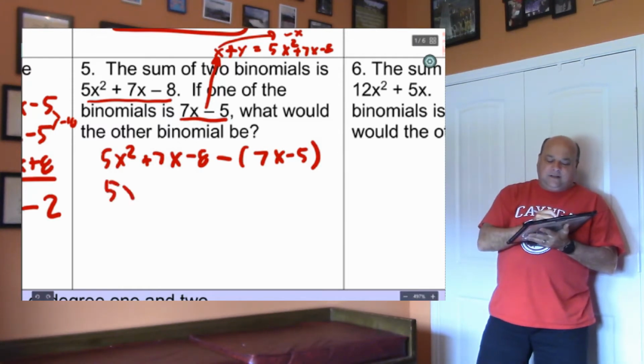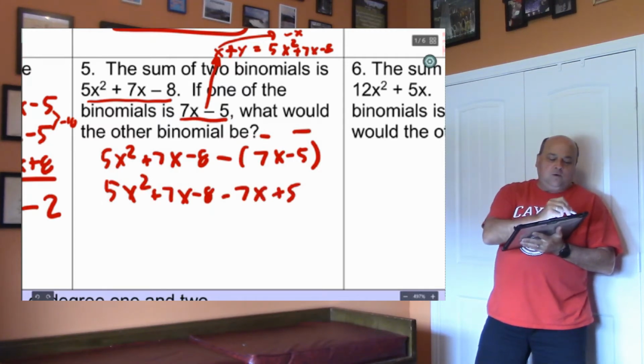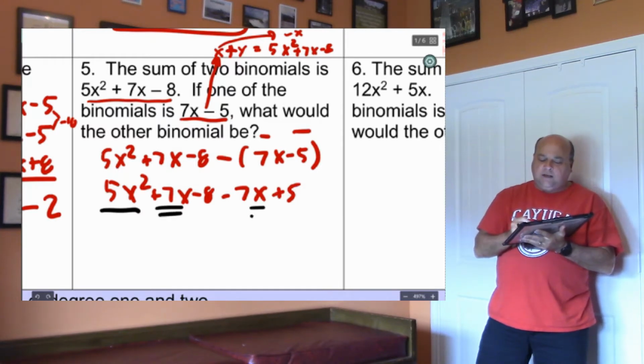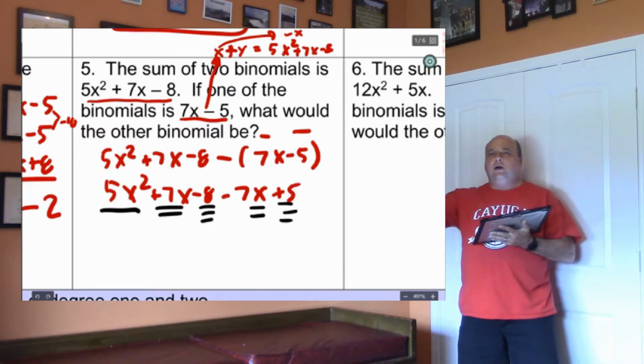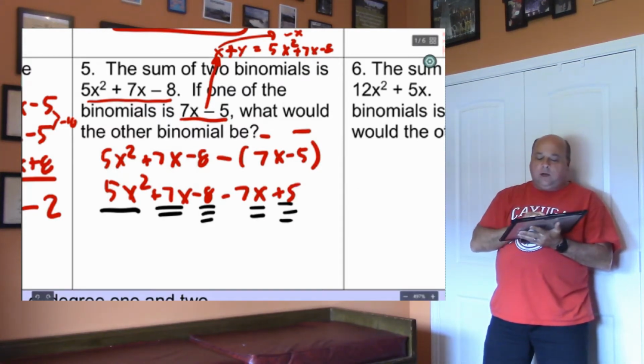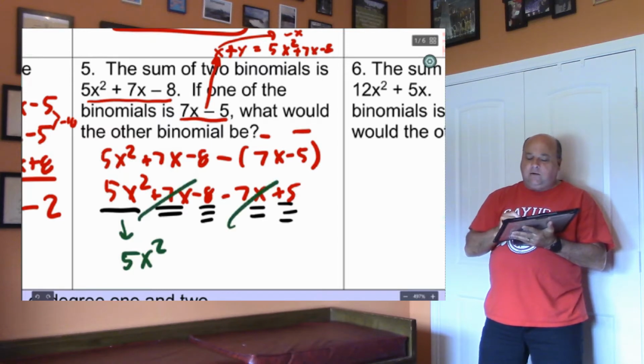So I'm going to write this down and then distribute the negative and then group my like terms. I only have one x squared. I got two x's and I've got an 8 and a 5. Okay, I'm going to go single underline, double underline, triple underline. There's only one single underline, so the 5x squared drops. And then notice the 7x minus 7x is going to cancel out, right?